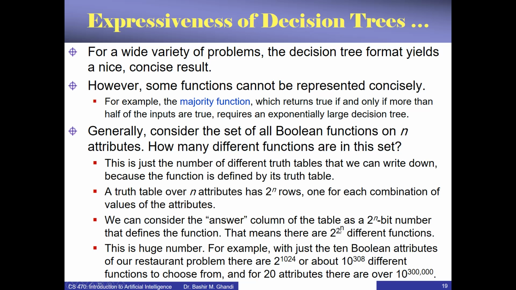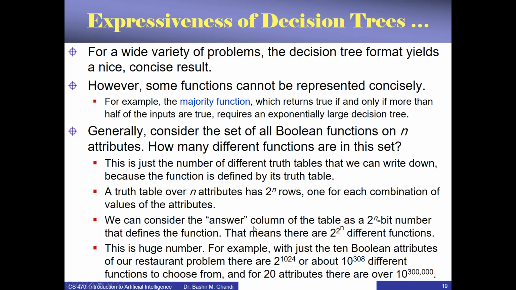Well, 2 to the power 10 is 1024, and then 2 to the power 1024 is about 10 to the power 308, and this is a very, very big number. Try to increase the attributes to 20, and you see how incredibly the number grows.